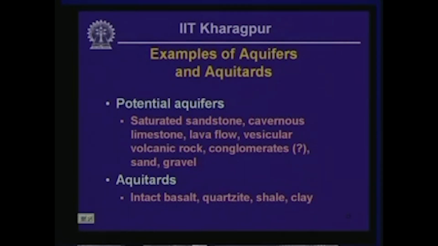But oftentimes, you do not have any rock that is completely free from joints and fracture zones. So you might have some limited supply of groundwater because of the presence of those imperfections within the mass of rock, such as intact basalt, quartzite, shale and clay, as we have.